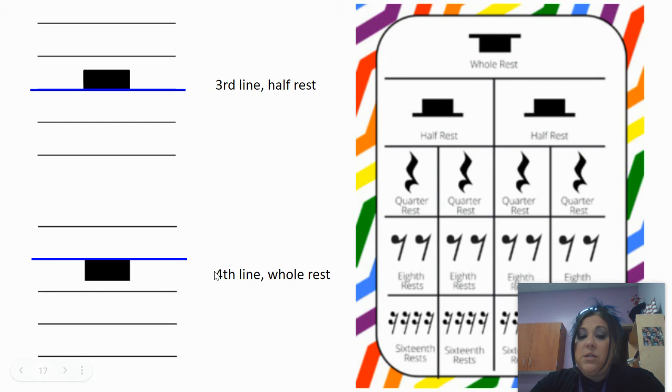Now the whole rest is on the 4th line and it hangs down. So 1, 2, 3, 4. And our upside down hat rests on that line. So that whole rest gets 4 beats. That's how you tell the difference between those two rests. The half rest is on the 3rd line, sitting like a hat. The whole rest is on the 4th line, sitting upside down.